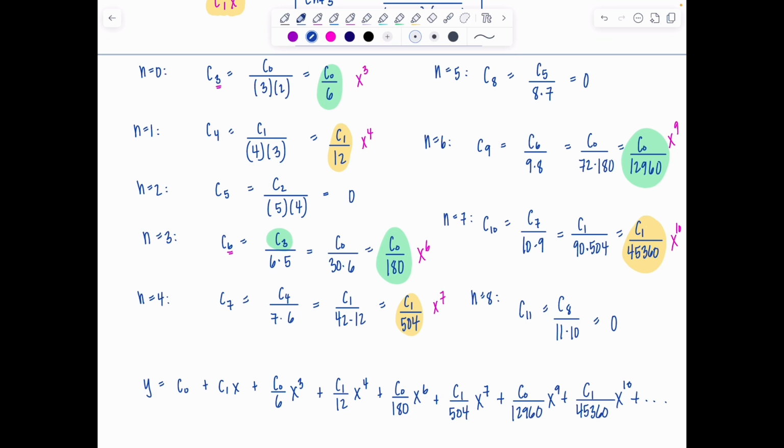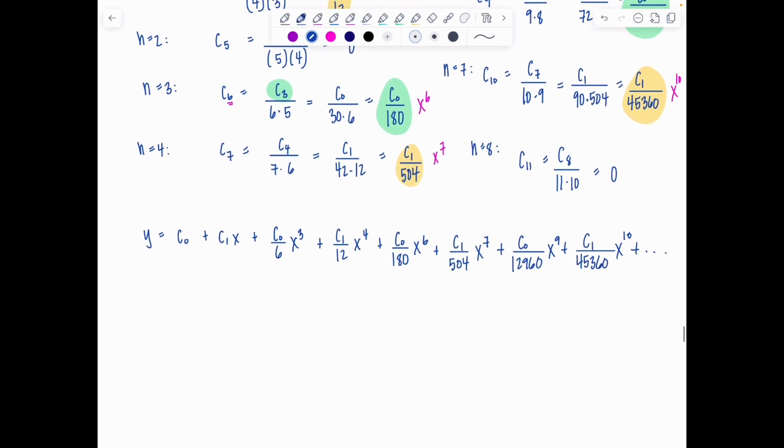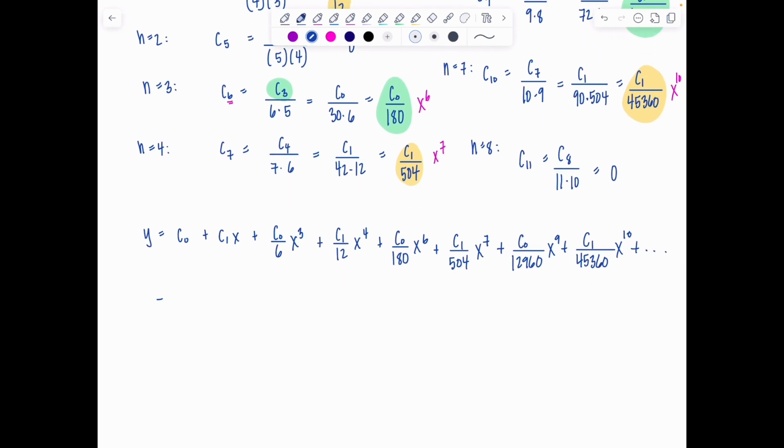Okay, now here's where things get interesting. They're either dependent on C0 or C1, so group them accordingly and then factor out those constants. So I can factor out C0 from all of these terms here.